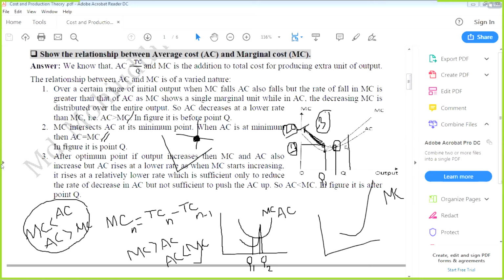But when I say here, make it clear, I already said that this is the minimum point. So what does a minimum point actually mean? It looks like this. Already a minimum point here. So it means it already goes to a zero point, but average cost doesn't go to the zero point.